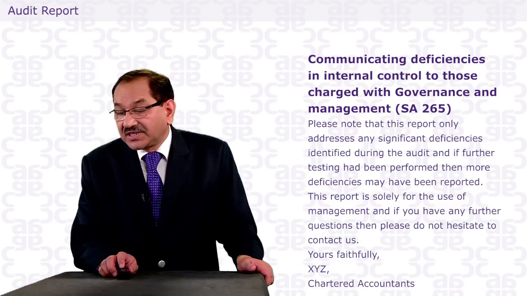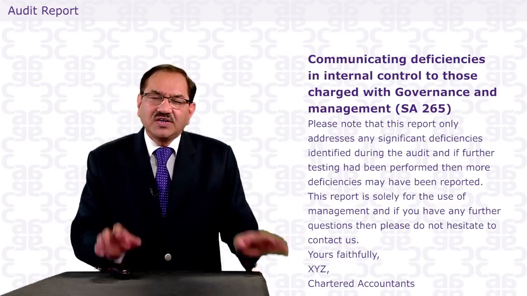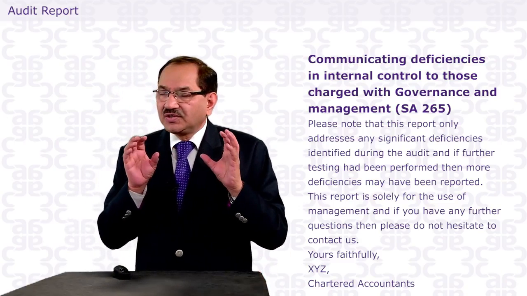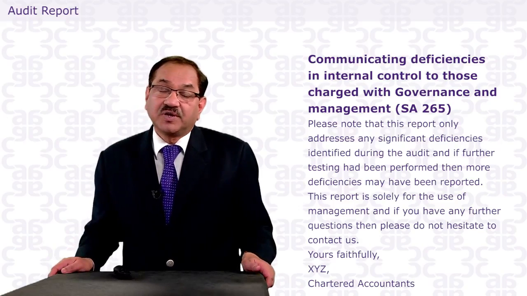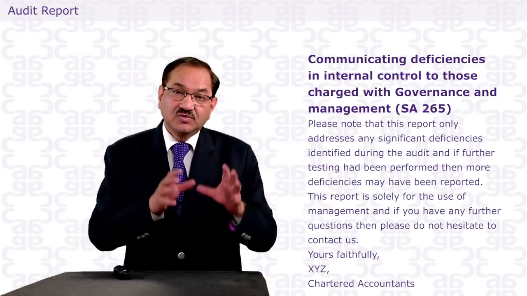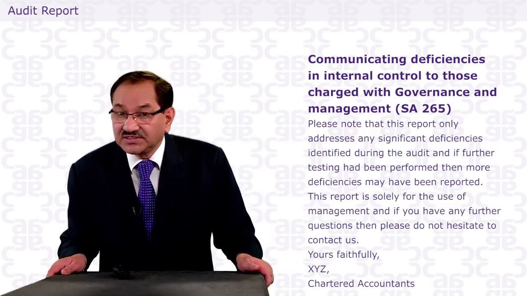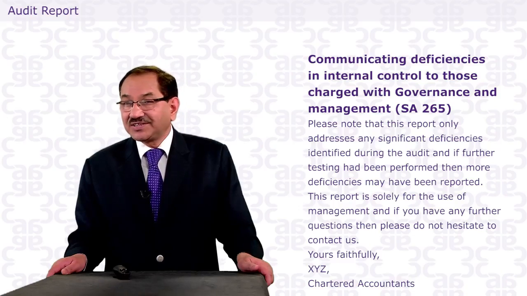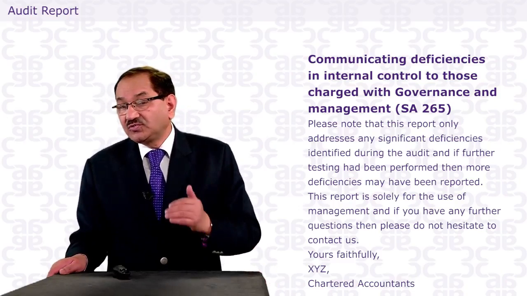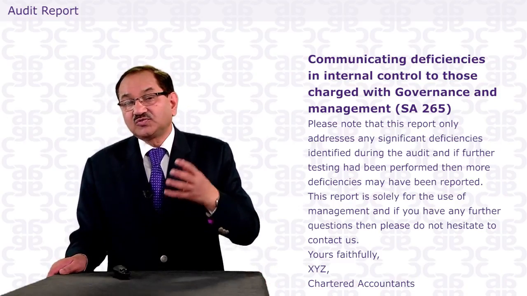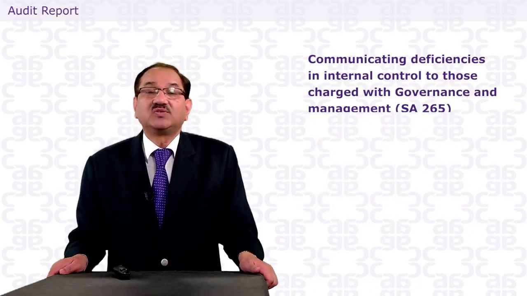And that's very important. At present, questions are being asked on the standard. The only thing you have to report here, and its purpose, is that you want to tell the management and the persons in charge of governance that there is some significant deficiency in internal control, which they should be interested in, because they should rectify it. And that's SA 265.